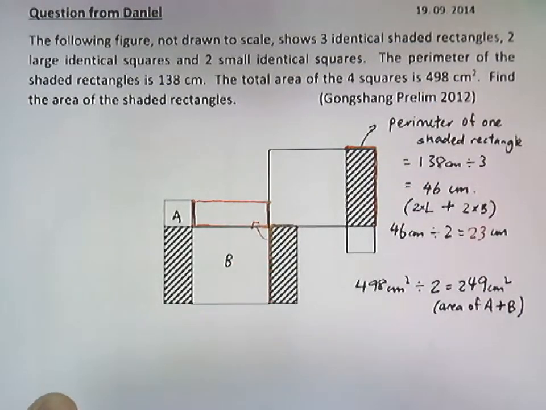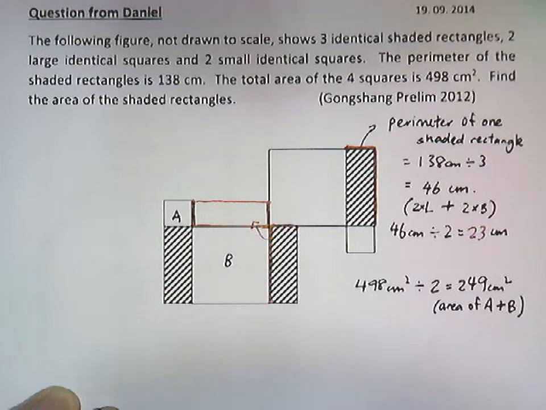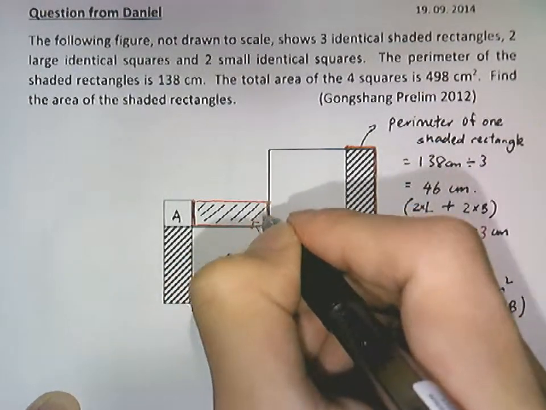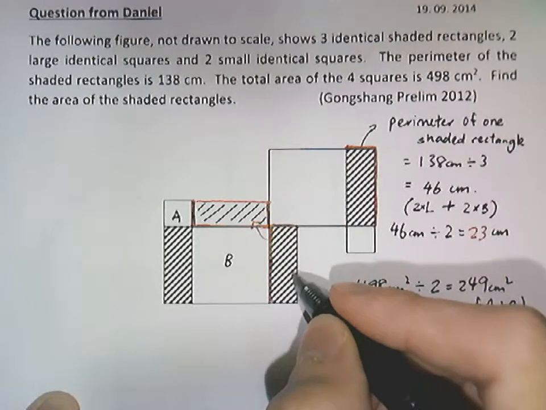So I can simply shade this figure. This red color rectangle is the same as this shaded rectangle.